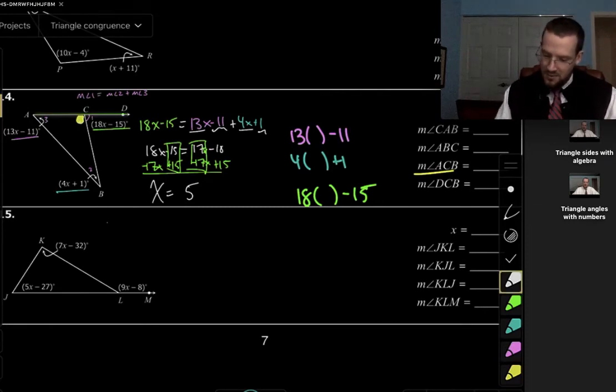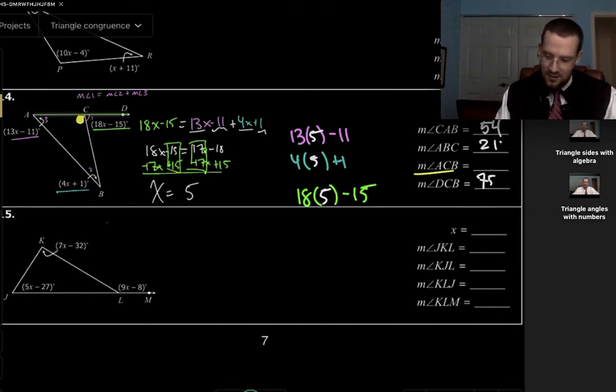Our x value was 5. So 13 times 5 minus 11, we have 54. ABC comes out to be 21, 4 times 5 plus 1, and then finally our last value comes out to be 75. So what we have on the inside here is 54 and 21, and now we want to find yellow.